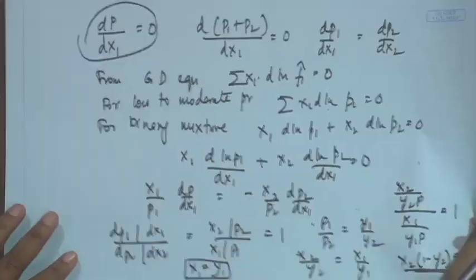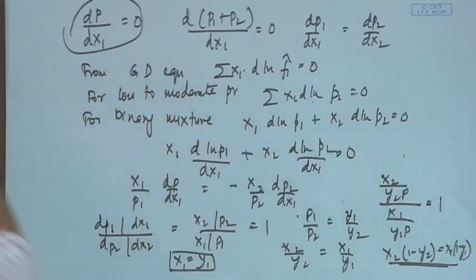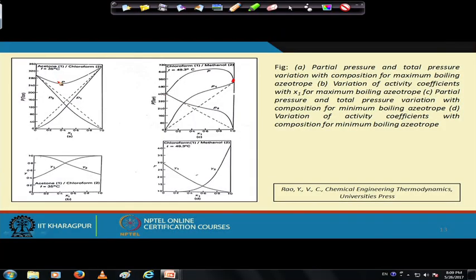So, therefore, what do we find? We find that at the point of azeotropy, definitely there is a maximum or a minimum in the pressure versus x1 plot. When there is a maximum, quite naturally the boiling point of the solution under this particular condition will naturally be less as compared to the boiling point of the pure components.